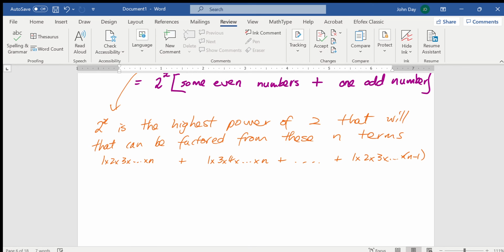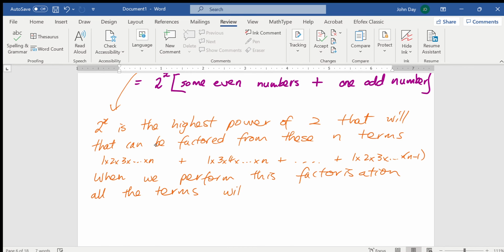So it's the highest power of 2 that can be pulled out of those. But when you pull that highest power of 2 out, when we perform this factorization, all the terms will still have an even factor remaining, except one.